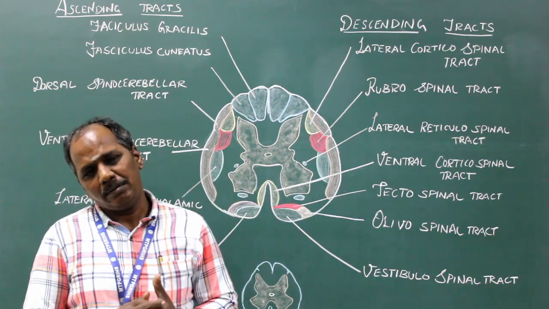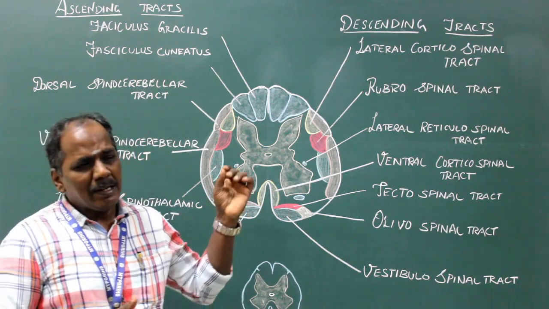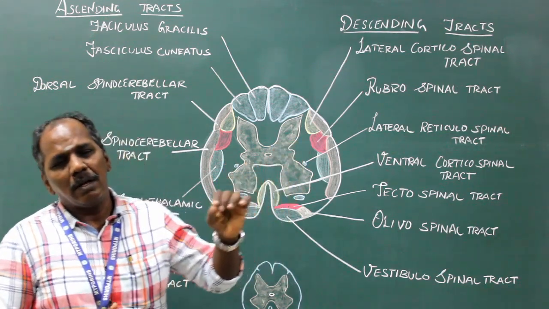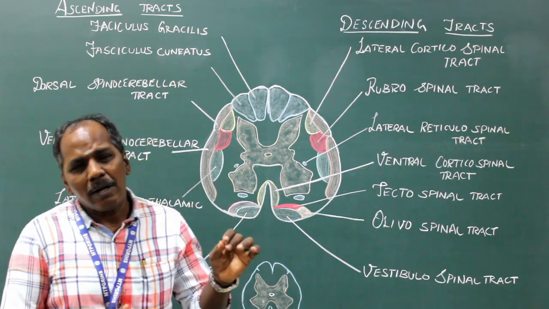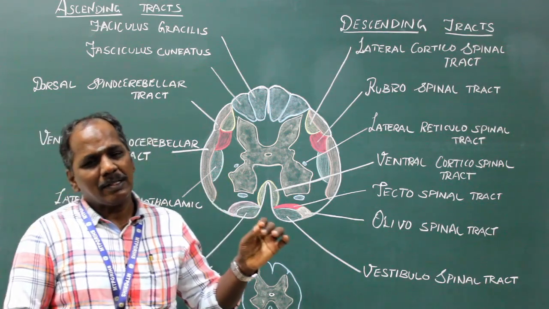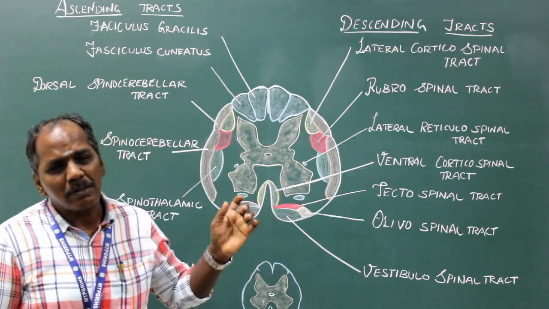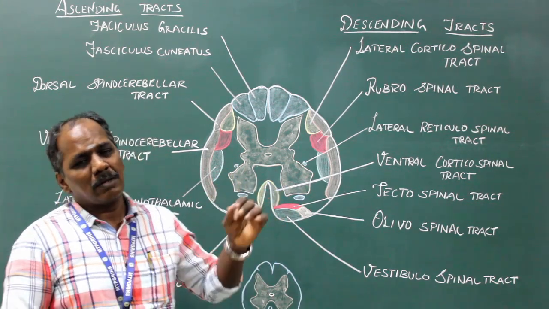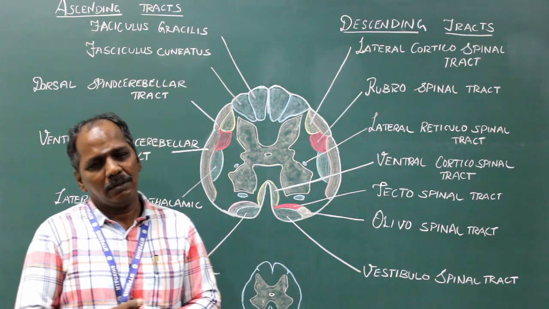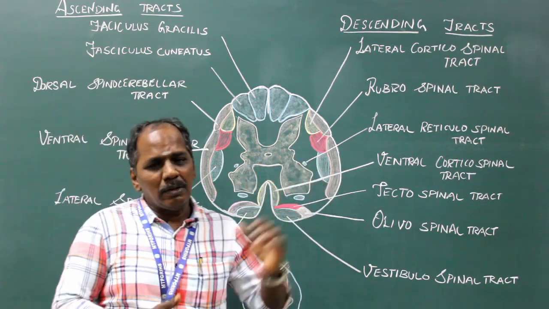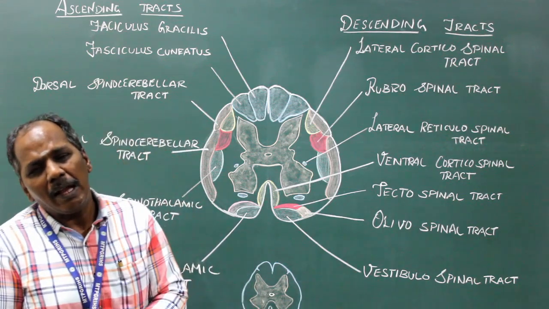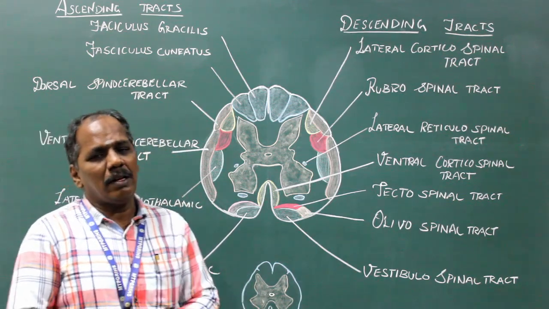The pyramidal tract has a direct route to the lower motor neurons. The extrapyramidal system has an indirect and tortuous course to the lower motor neurons. The pyramidal tract includes ventral and lateral corticospinal tract.